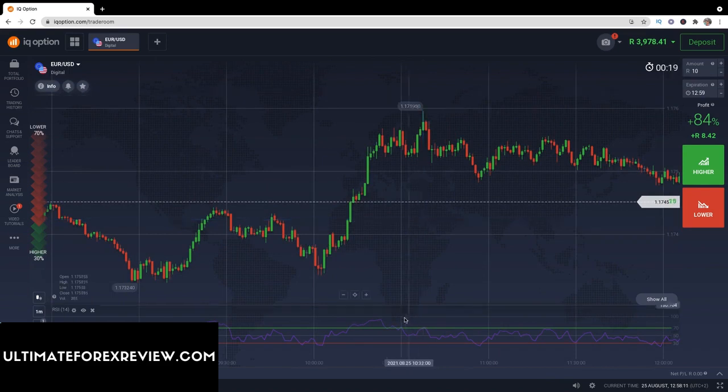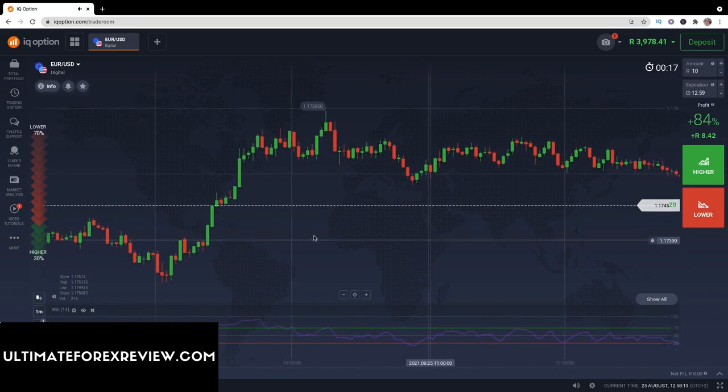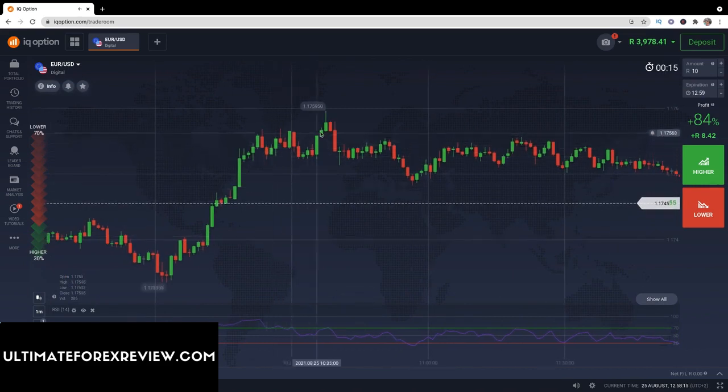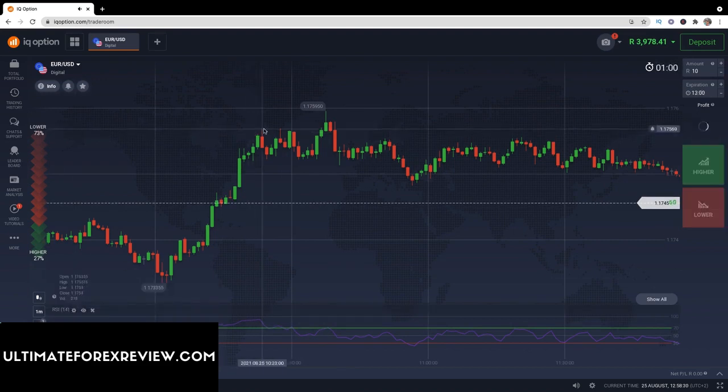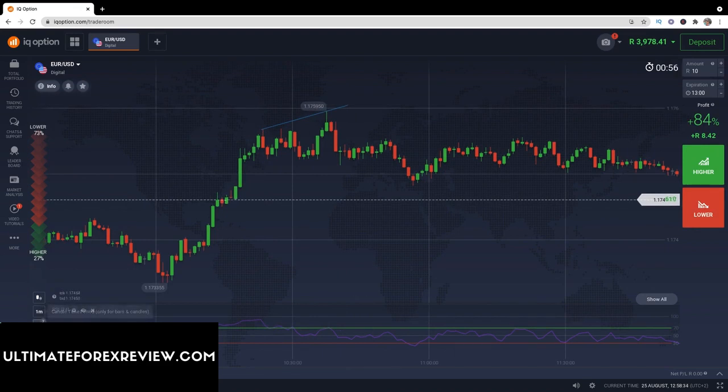Let me remove all of these drawing tools. And as you can see, we have a very clear and obvious divergent setup over here. We have highs. We then have a higher high. However, on the indicator, we have a lower high, forming a divergent setup. Very clear and obvious divergent setup.